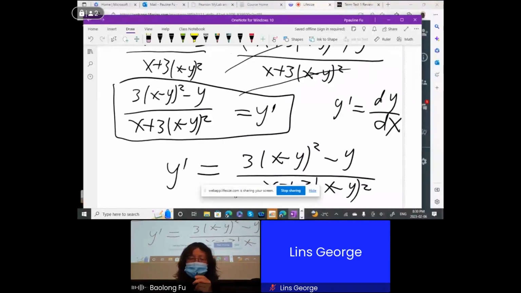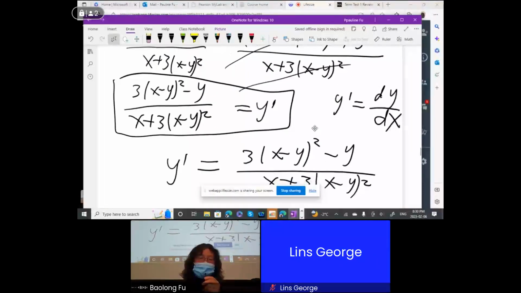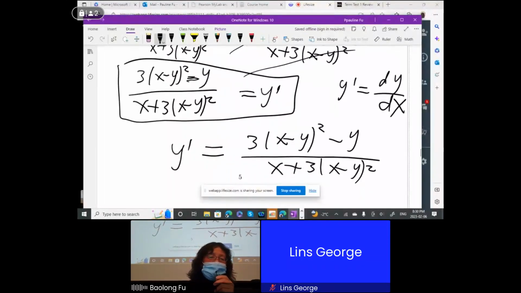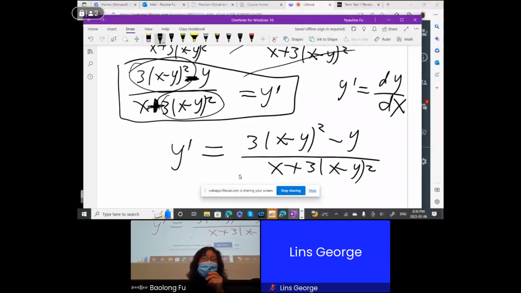Why can't I cancel 3x minus y squared? Because they are not multiplication. This part you have minus. This part you have plus. You cannot cancel this one with this one. If this minus were a multiplication, and if this plus were a multiplication, yes, you could cancel them out. But now I got minus, I got plus. You cannot cancel 3x minus y squared.